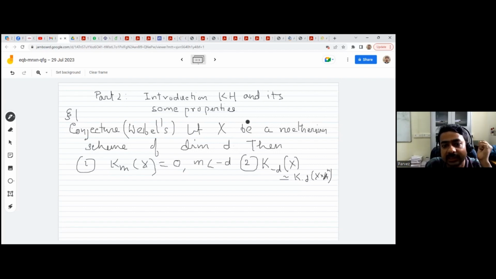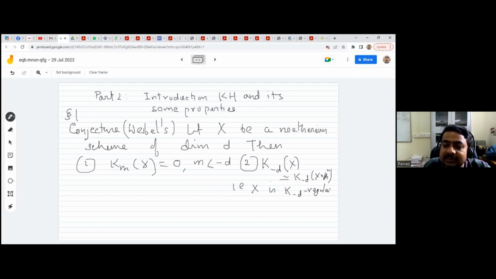You can think of a Noetherian scheme over Z, so this is A^n over Z. According to my last talk, this is to say X is K_{-d}-regular.